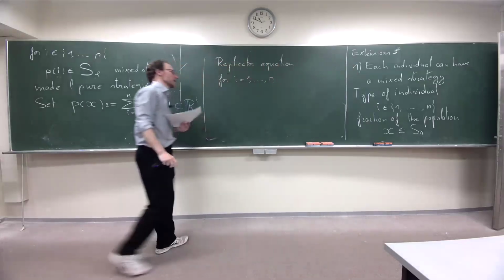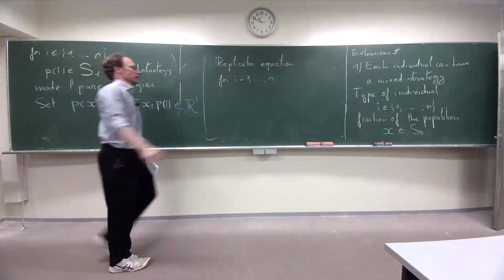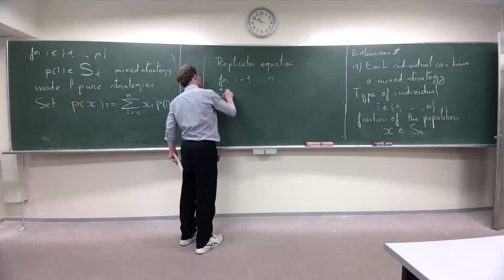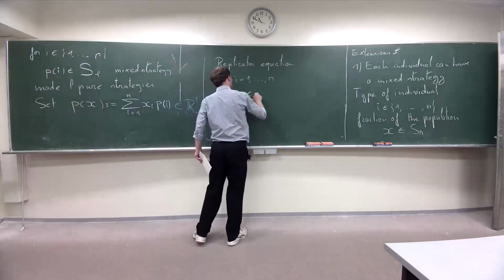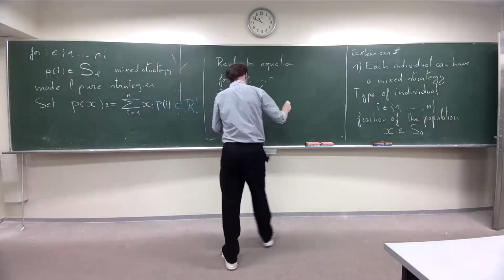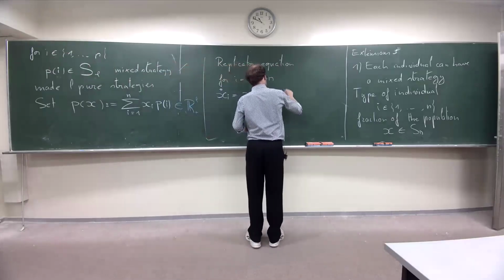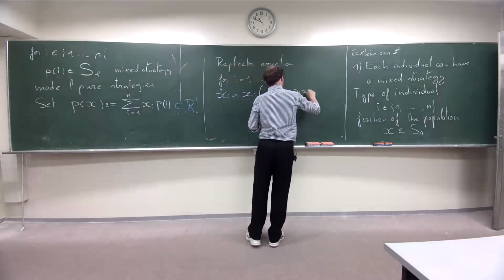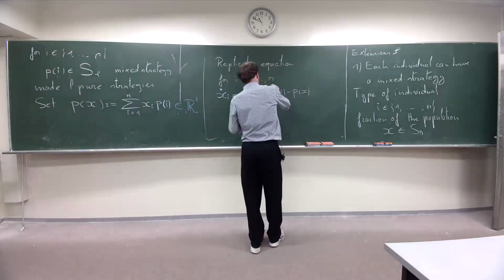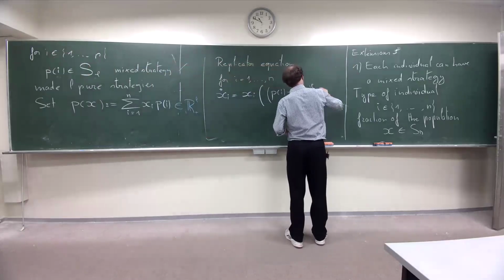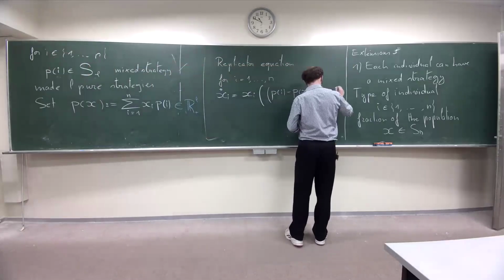So for each type of players, the derivative of xi is xi times pi minus p of x transpose A p of x.